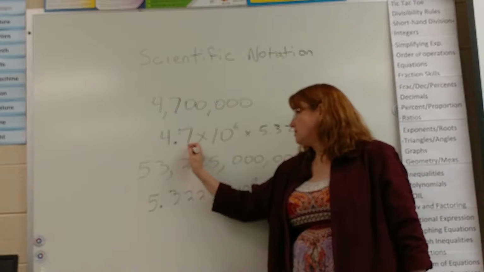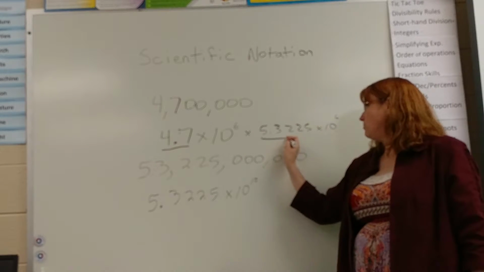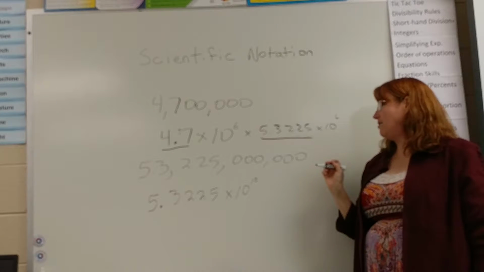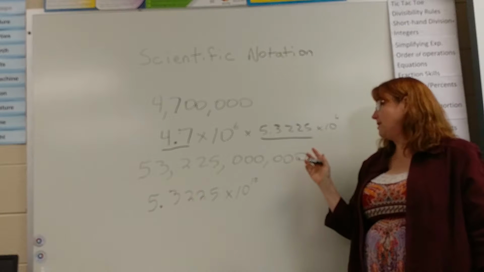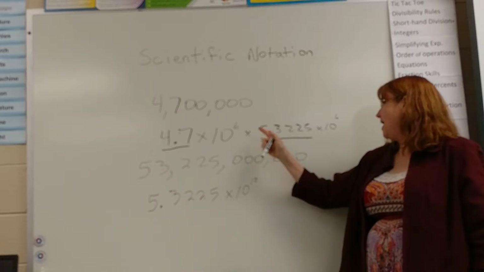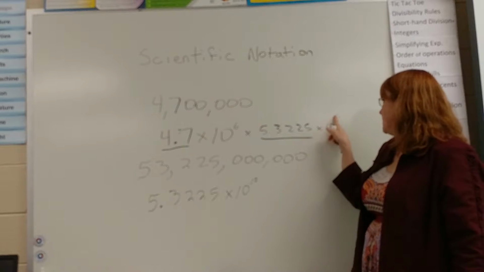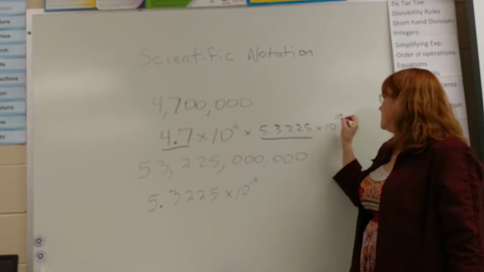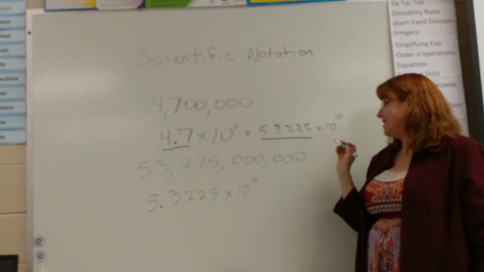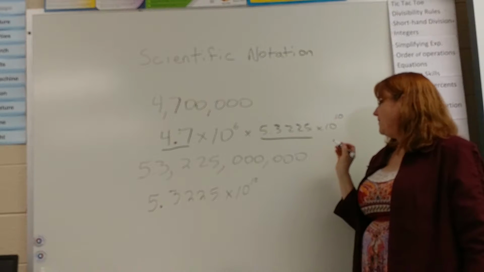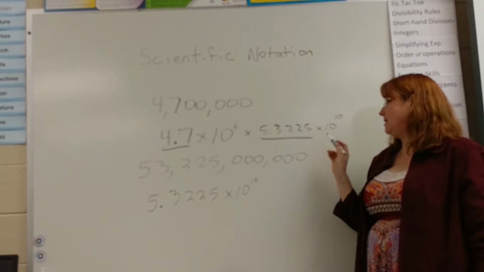I'm not going to do this by hand because it's a really big number, but I would multiply, probably with my calculator, 5.3225 times 4.7, and I'm going to be given an answer times 10 to the 10th power plus 6, which would be times 10 to the 16th power, and then I would move the decimal point.